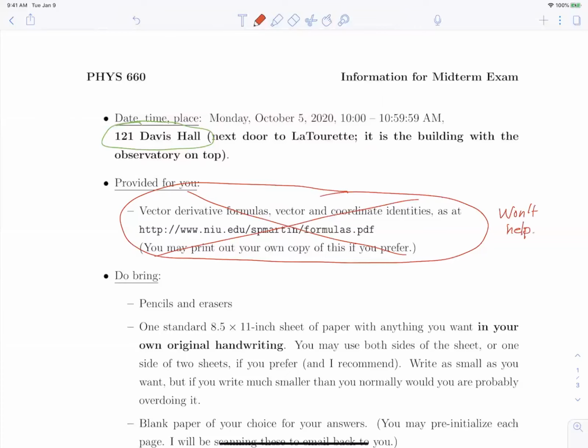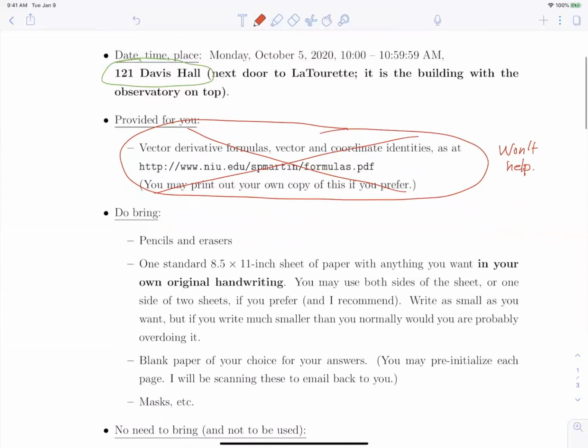Those formulas will not be useful for you. And if you want, you can take that as a hint as to what might be the content of the exam. But it would be silly, I think, to ask you to print it out or to give it to you when it turns out, now that I've written the exam, those formulas won't help you. Okay, on the other hand, you should definitely bring your own notes of your own choice of things that you think will help you, which you should do by going over the homework.